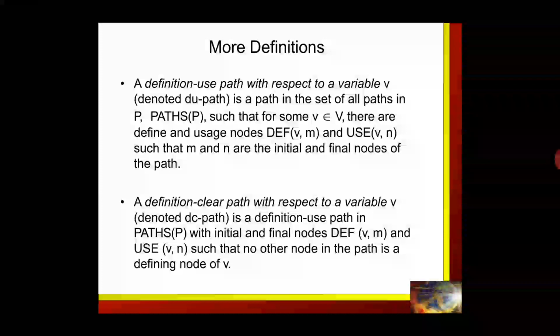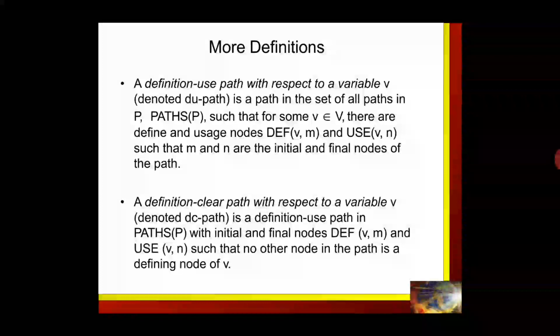For example, a definition use path is there, and a definition clear path is there. What exactly is the definition use path? A definition use path with respect to a variable v is denoted as a du path, right? This is a very, very important definition.